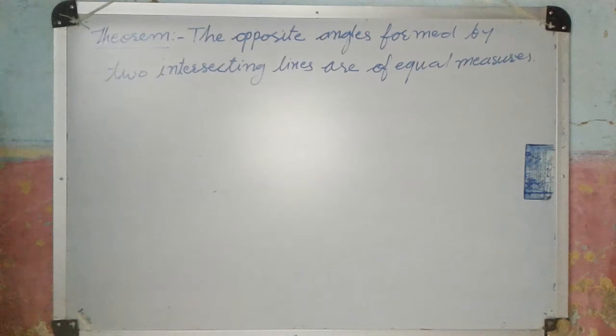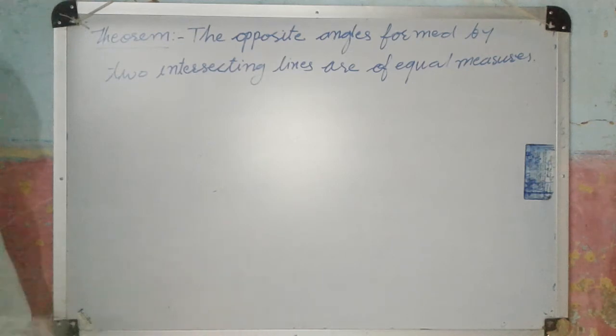For every theorem, we have to go step by step. The first step is to write the statement of the theorem. The second step is to write the given things. The third is to prove: what we have to prove, we write in 'to prove'.